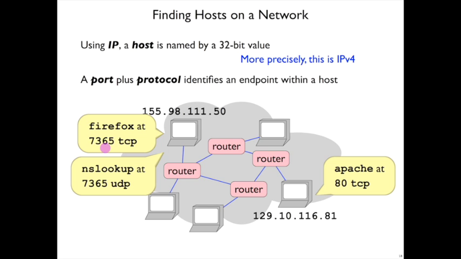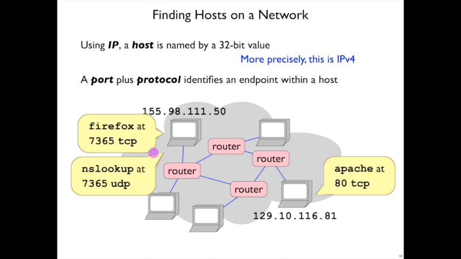So 7365 is a port number, and that combined with the fact that it's TCP identifies Firefox as a particular potential process that can receive responses back. The port numbers are 16-bit values, so they range from 1 to 65,000 and some change.